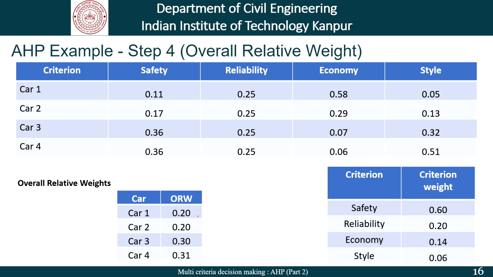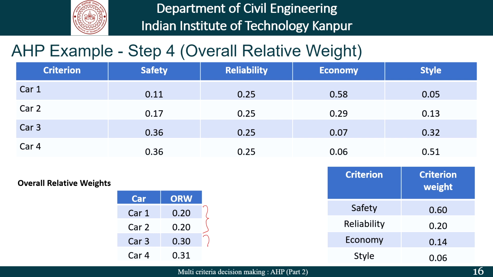I hope you have done this exercise and you have determined that the overall relative weights for each of these cars are as follows. Here you see that based on the different criteria weights and the performance of different cars, we see that car 1 and car 2 have more or less equal relative weights.